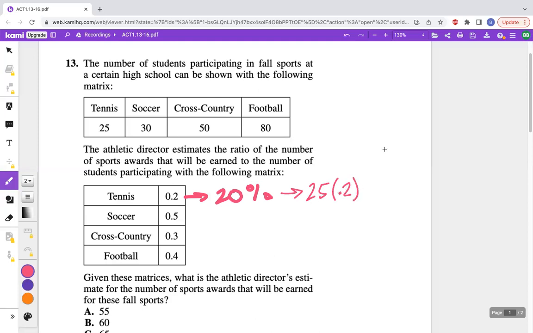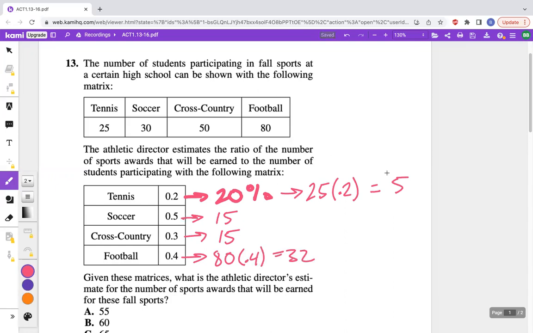And we'll multiply the percent as a decimal. So this is going to be 5. When we multiply this out, we will get 15. When we multiply this out, it's going to be 15 again. And this one, 80 times 0.4 is going to be 32.